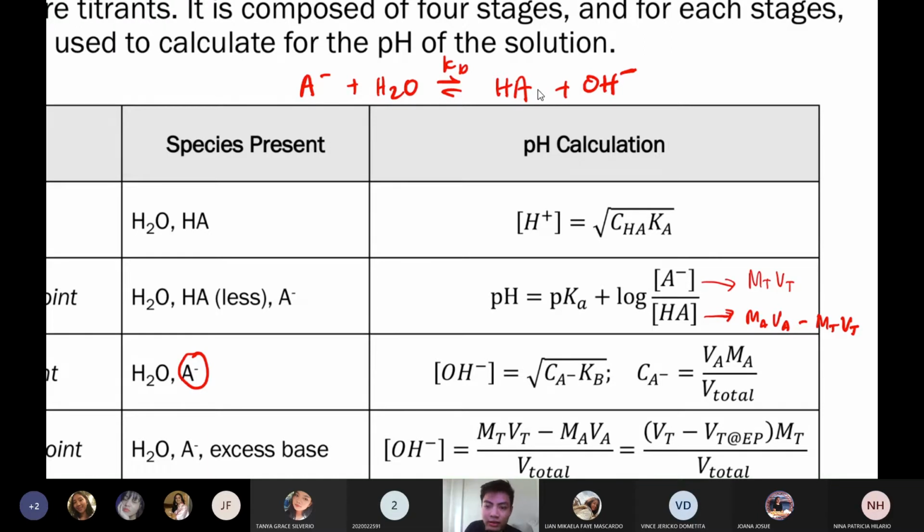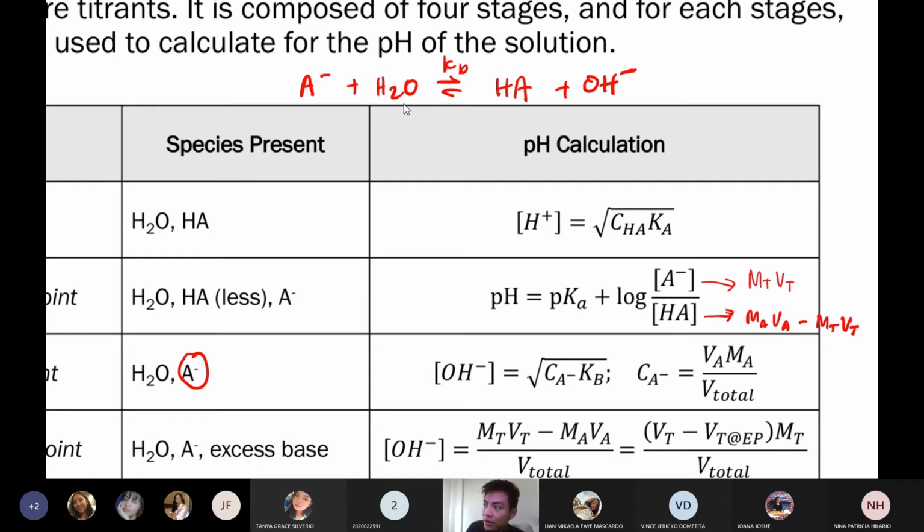Kabaliktaran lang to ng Ka equation. So, this is actually the Kb, no? Kapag yung acid equation binaliktad mo, you will get the Kb. Kasi andito yung acid, andito yung conjugate base. Eh, di ba kanina, andito yung acid, andun yung conjugate base. So, Ka yan. This time, baliktad tayo. Ang base andito, ang acid andon. So, ibig sabihin, ang reverse ng Ka ay Kb.